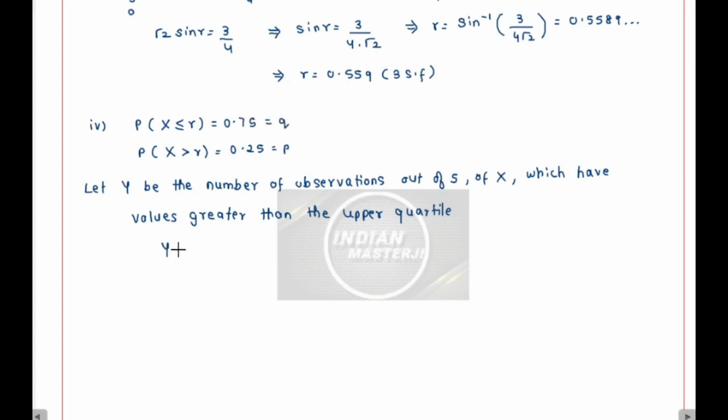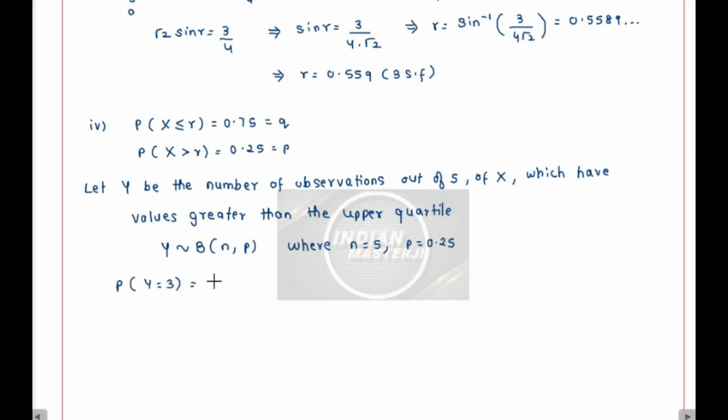So I can say that y follows a binomial distribution. Y follows a binomial distribution n comma p, where n is 5 and p is 0.25, correct? Now they are asking us that out of 5 observations, 3 observations, that is y is equal to 3, they are asking us to find the probability that y is equal to 3. So how do we find it out?